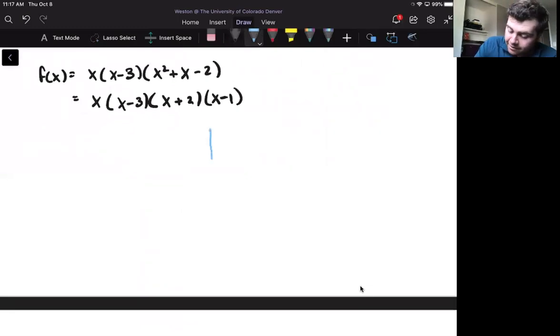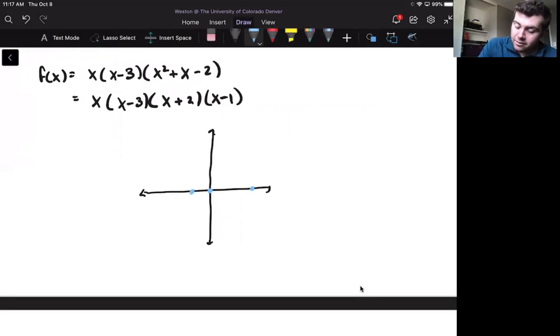And now we can graph the polynomial. We're going to plug in the roots. We have a root at 0 from x, at 3 from x minus 3, at negative 2 from x plus 2, and then at 1 from the x minus 1.